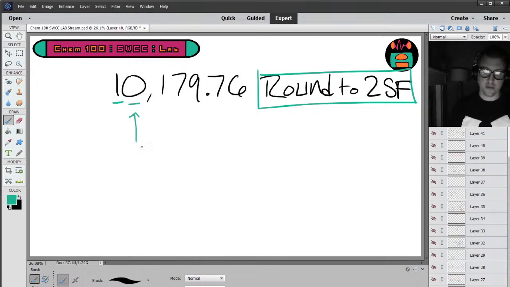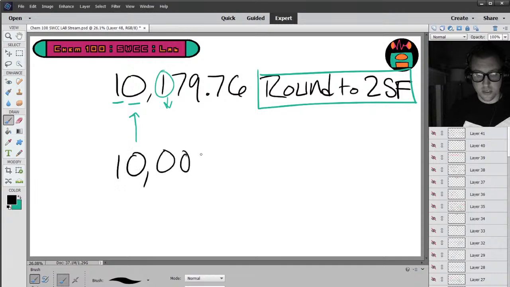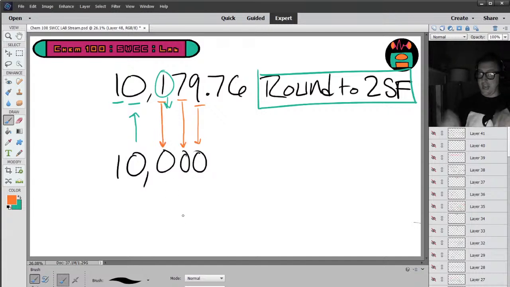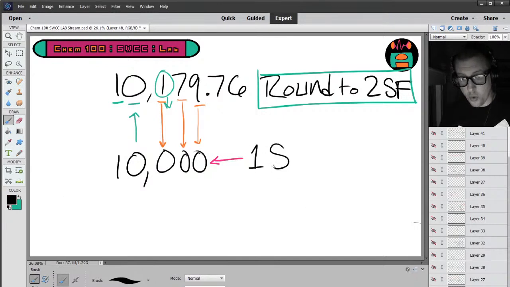This is where we're going to round. 1 rounds down. So once you round, this would be 10,000, because the 1 space gets a 0, the 7 space gets a 0, and the 100 space gets a 0 after rounding. There's only one problem. 10,000 only has 1 sig fig.